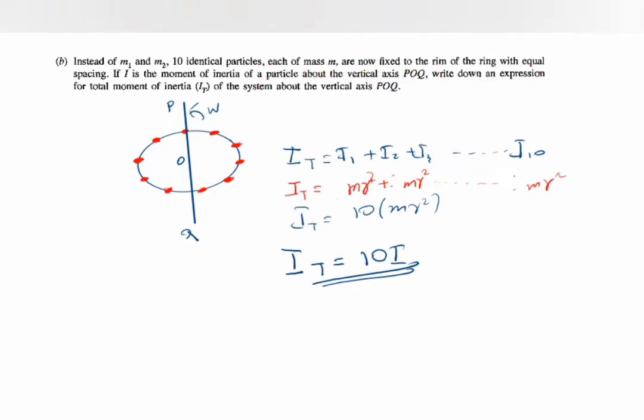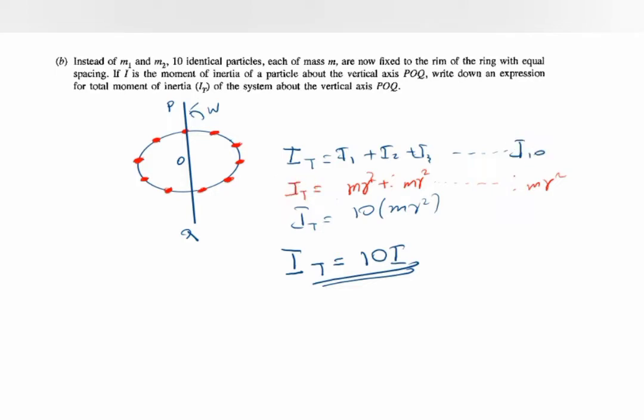Write down an expression for the total moment of inertia of the system about the vertical axis P or Q. So each particle is just revolving around this point. Now I total is what? I1 plus I2 plus I3 up to I10.